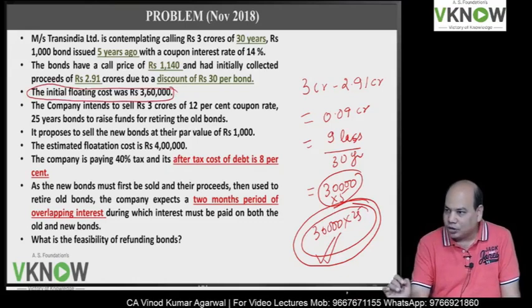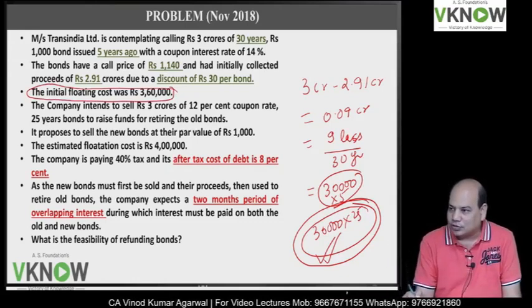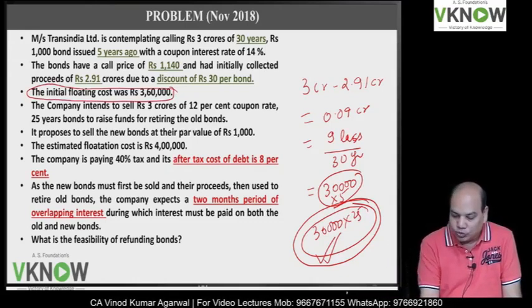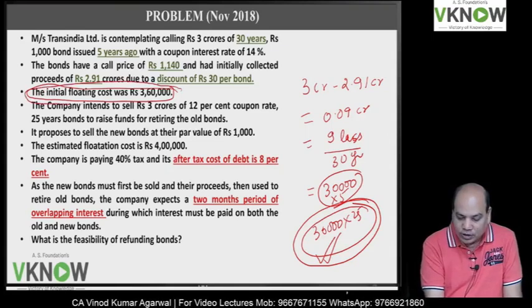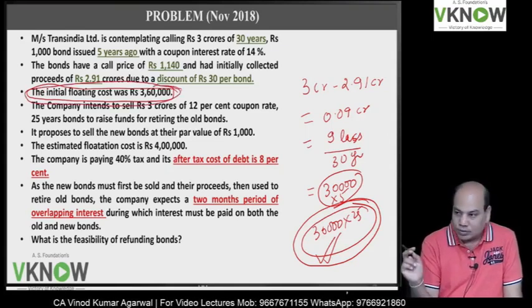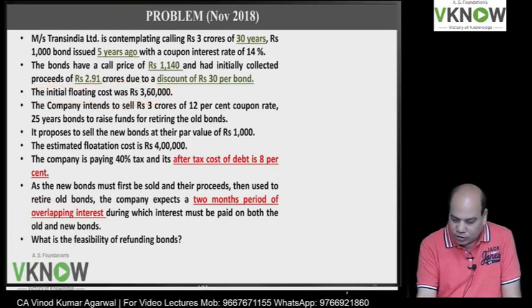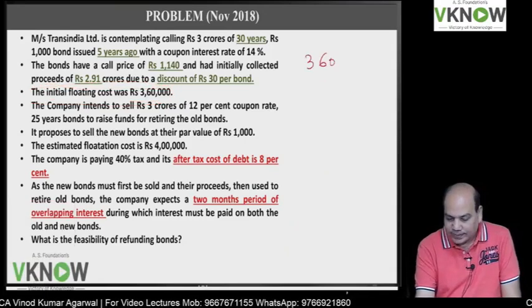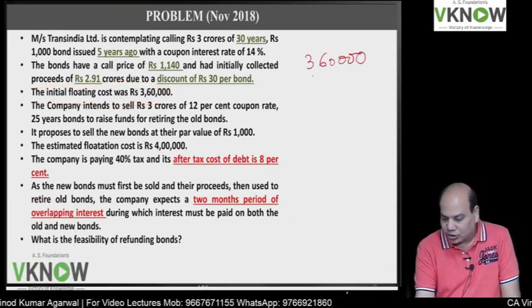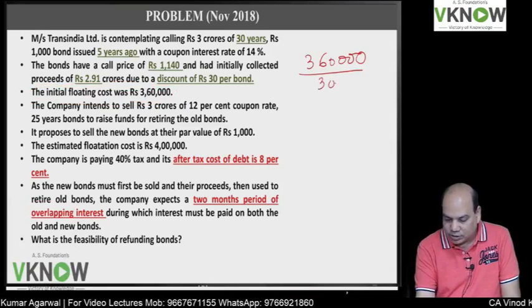Same discussion for flotation cost also. You will today amortize the remaining flotation cost balance. Sir, how much is remaining flotation cost balance? 3,60,000 is original amount. Divide by 30 years.